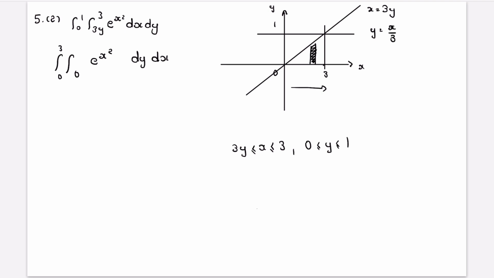Yeah, so we get x by 3. Okay, now we can do that. Just like that, there is no y, it means the integration of y is y from 0 to x by 3, dx.